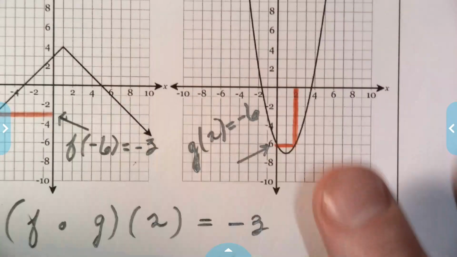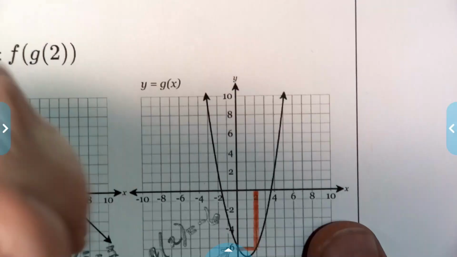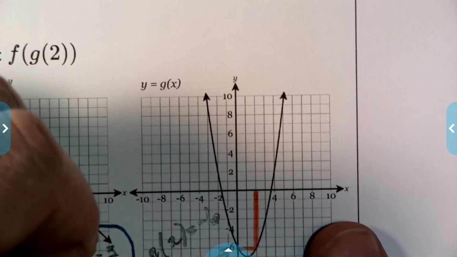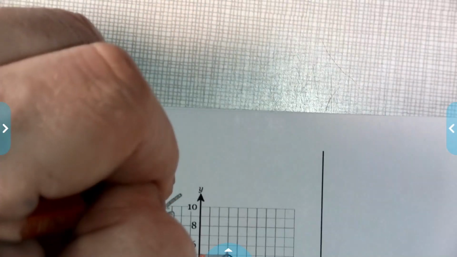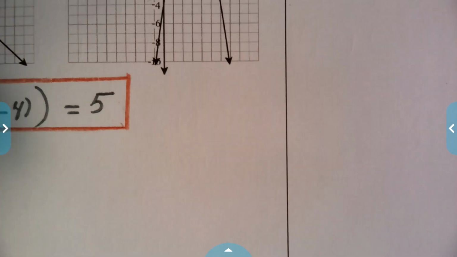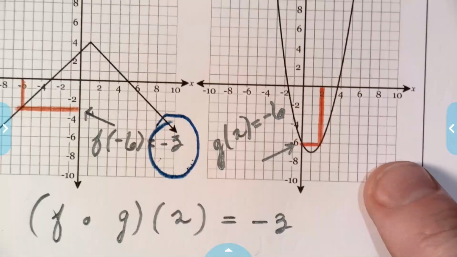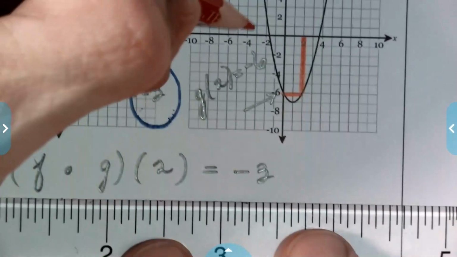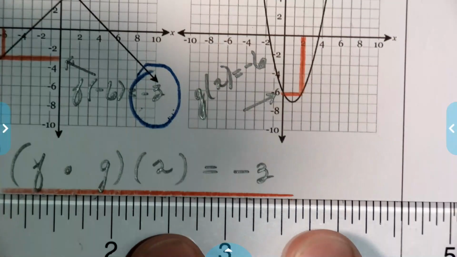I guess I should circle that right up here as well. Okay, and that's pretty much it.